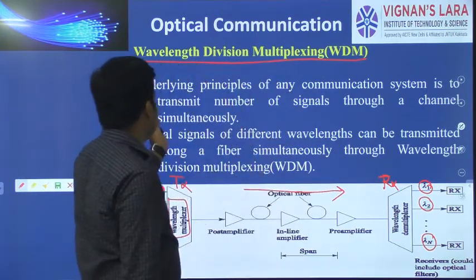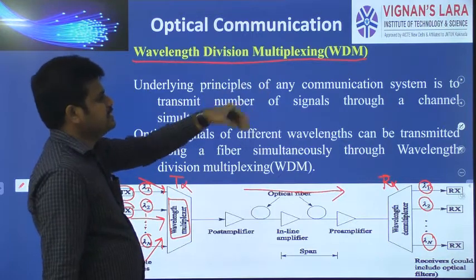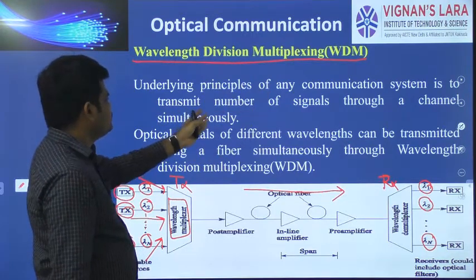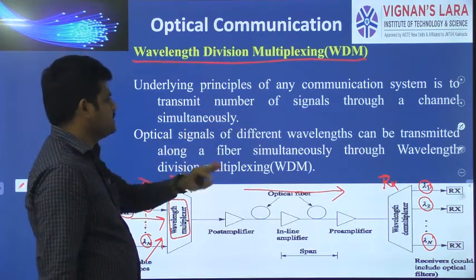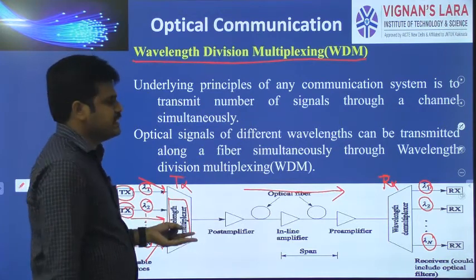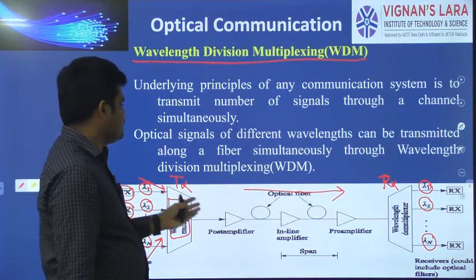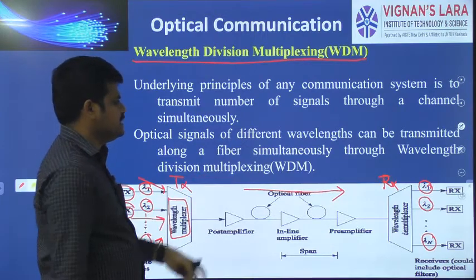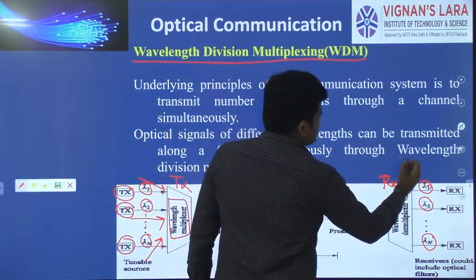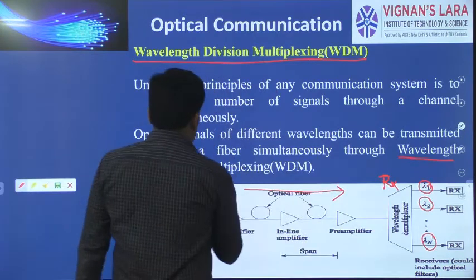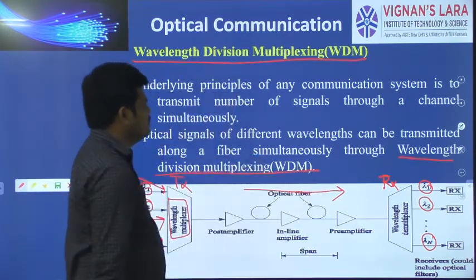The underlying principle of any communication system is to transmit a number of signals through a channel at a time. Optical signals of different wavelengths can be transmitted along a fiber simultaneously using wavelength division multiplexing.